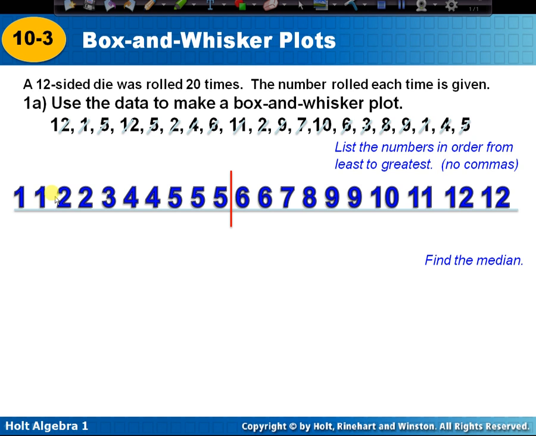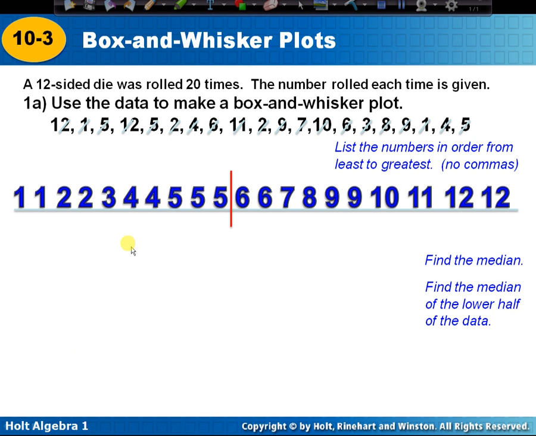So we've got 1, 2, 3, 4, 5, 6, 7, 8, 9, 10, 11, 12, 13, 14, 15, 16, 17, 18, 19, 20. We got 20, so we're going to go 10 in. So 1, 2, 3, 4, 5, 6, 7, 8, 9, 10, and that's going to be our middle. That's where we're going to draw our line for our median. So you need to draw that line between the last 5 and the first 6 on your own paper.